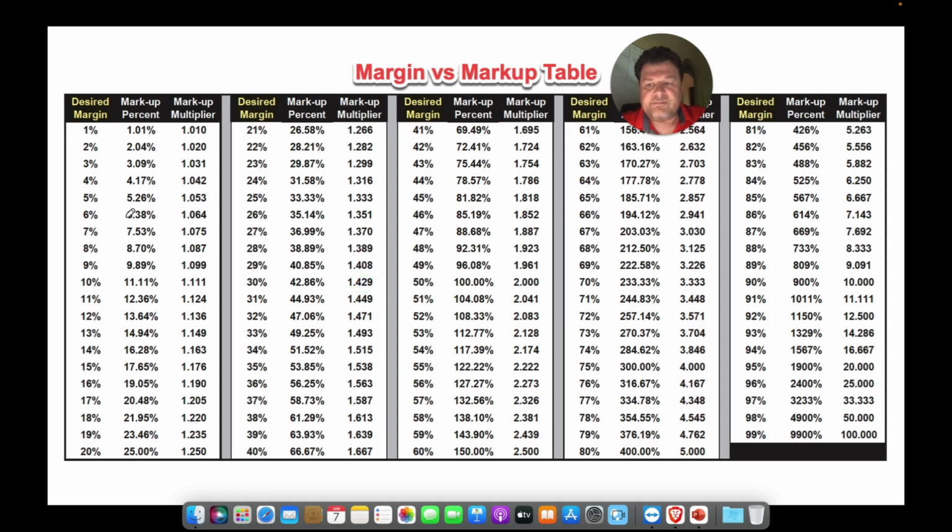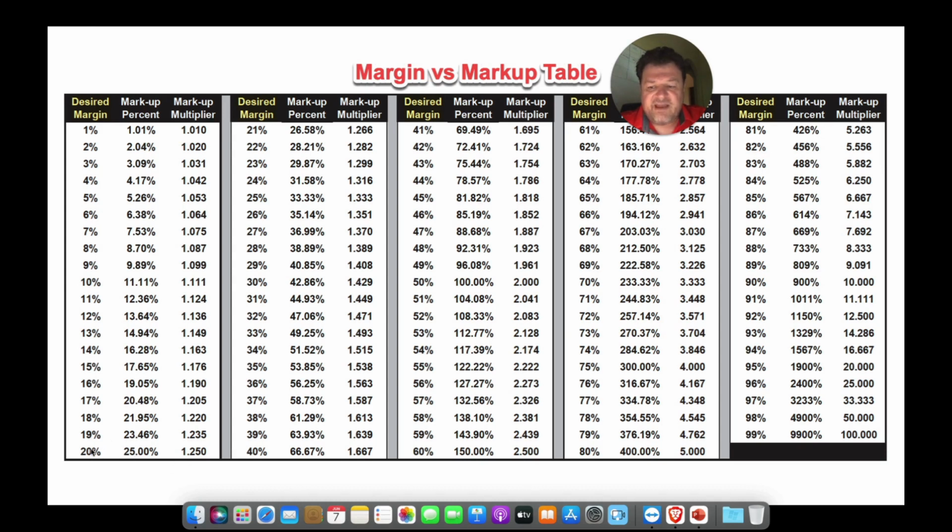And what you'll notice here at the lower numbers, the small margins, the difference between margin and markup is pretty small. But the higher you go in terms of margin, you see that the spread between markup and margin is increasing.